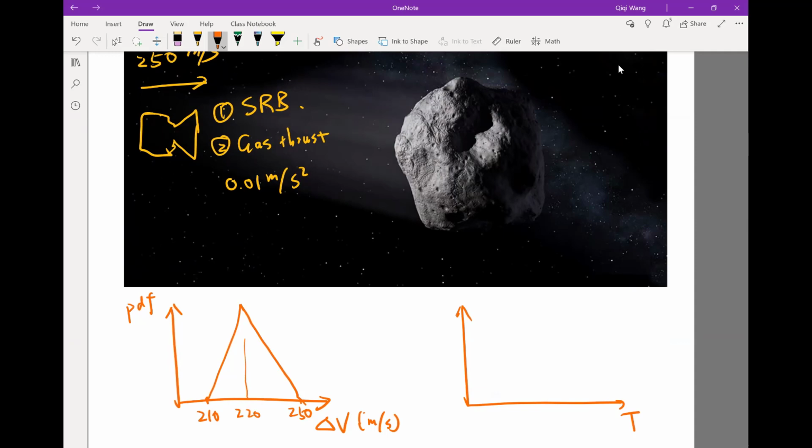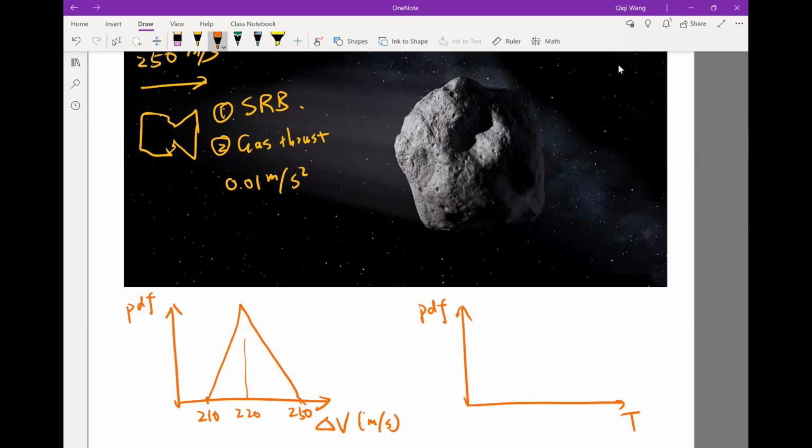Now that's the PDF of the delta V. How about the PDF of the burn time? That's how long it takes for the solid rocket booster to produce that delta V. And for now, let's assume the deceleration from the solid rocket booster is uniform, so that with the delta V and T, you can know exactly the trajectory. Okay, and imagine we have an exponential distribution of the burn time.